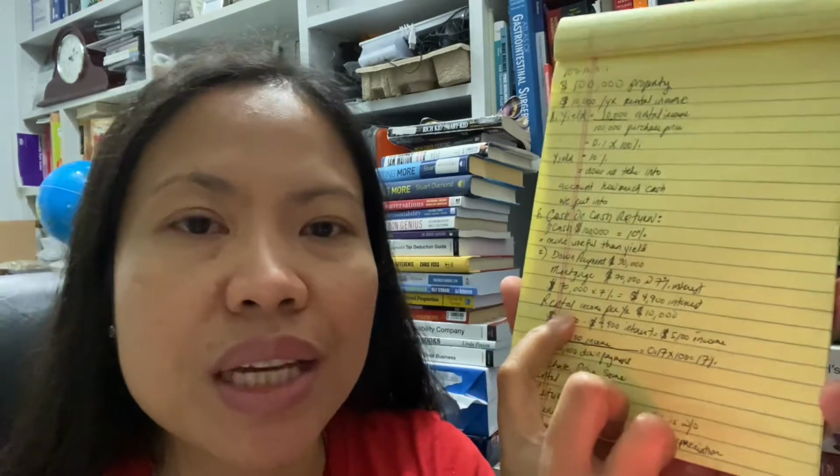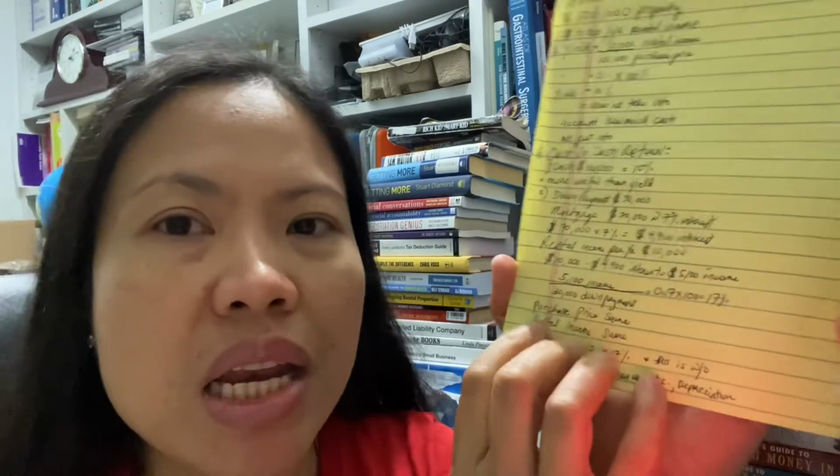Now, to calculate the net rental income after deducting the interest, $10,000 rental income minus $4,900 of interest we pay for the year gives us $5,100 of income.